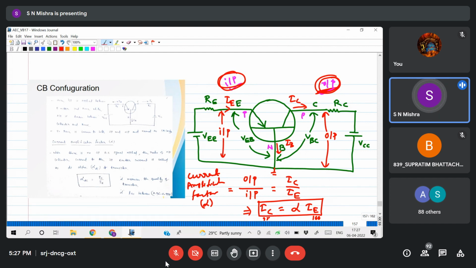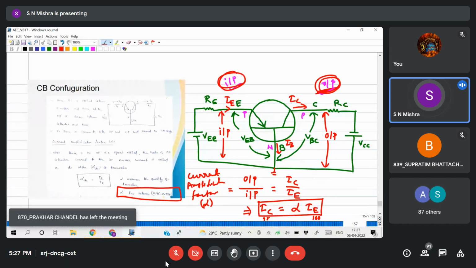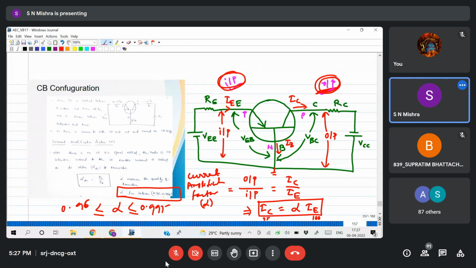So this alpha is called the current amplification factor, and generally alpha ranges between 0.96 to 0.995. That means 96 to 99.5% of the holes sent by the emitter should reach the collector. That is my objective. Clear?